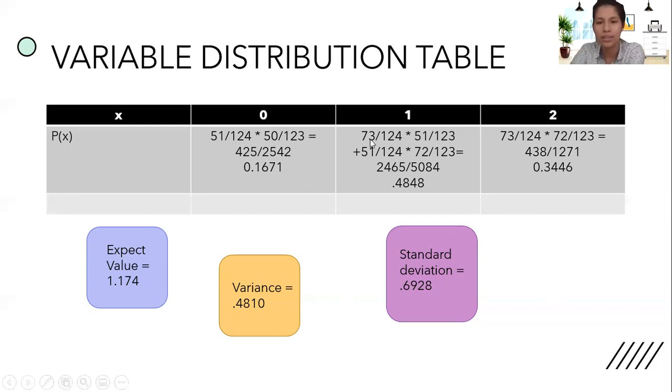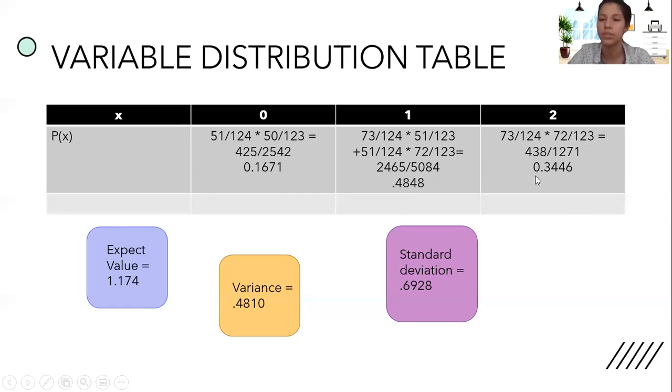So this is 73 out of 124 multiplied by 51 out of 123, plus 51 out of 124 multiplied by 72 out of 123. That gives 2,465 out of 5,084.